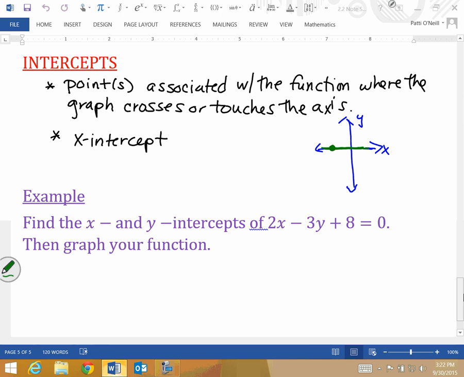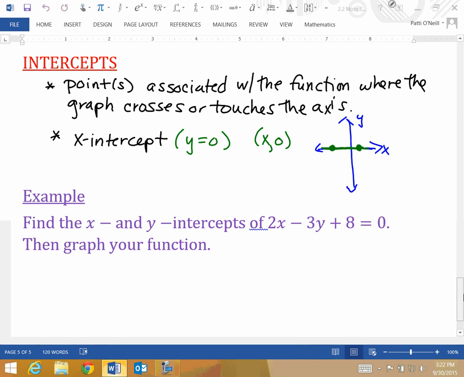So something right here, and the graph can either pass through it or just touch and turn. Every point here deals with an x-axis value, but no y-axis value. So we say that for an x-intercept, y is equal to 0. Basically, it fits the form x comma 0.